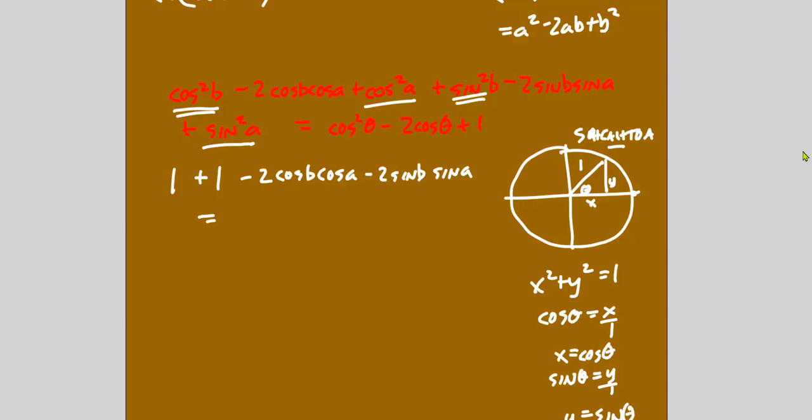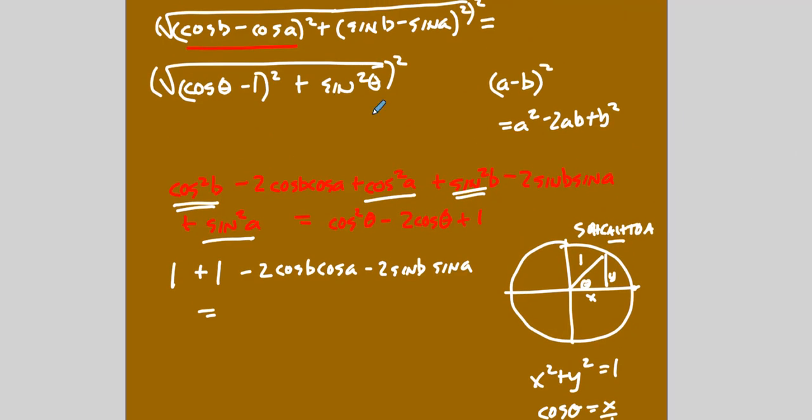Oh, I missed something here. When I multiplied this out, I had cosine squared theta minus 2 cosine theta plus 1. That's great, but I forgot to put in the plus sine squared theta. Did you notice that? My fault.